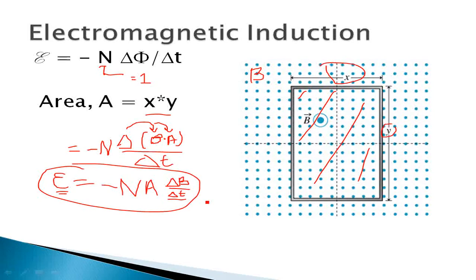So if the magnetic field is increasing, okay, then delta B over delta T would be positive, and that would induce a current in this loop whose resistance is R. And then notice that the current induced in this loop would be in such a direction as to try to diminish the increasing magnetic field that is being created by the changing magnetic field. That's Lenz's law.